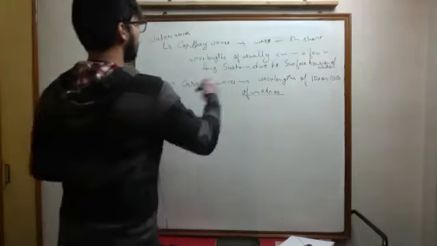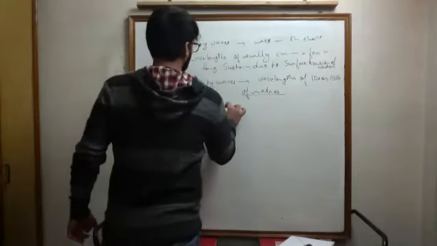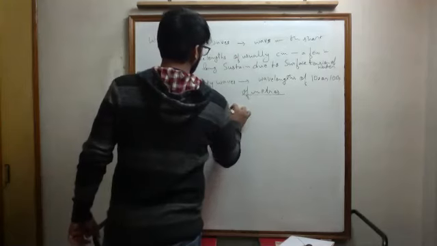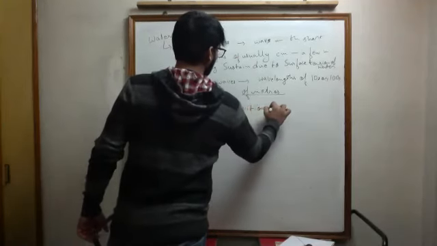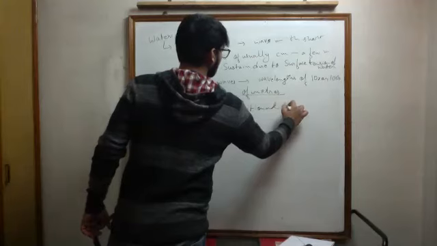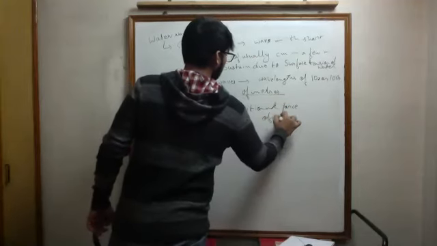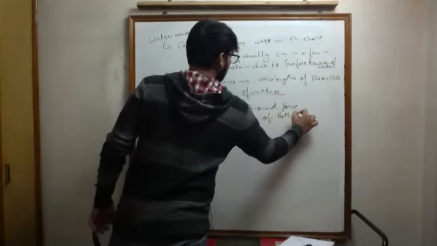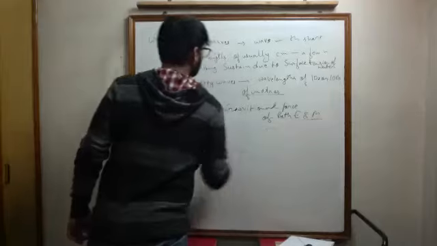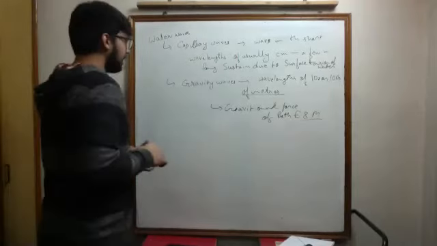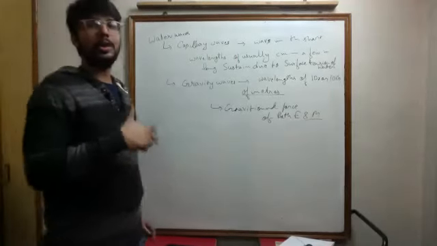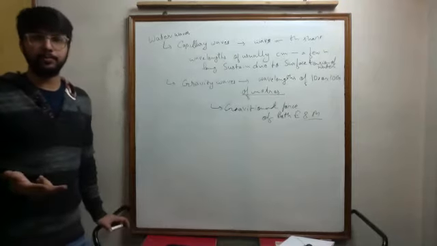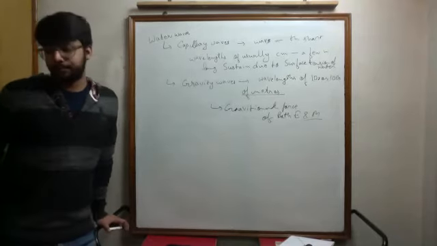Okay, so this is due to the gravitational force of both Earth and Moon. Okay, so this is an example of both longitudinal and transverse waves. How?